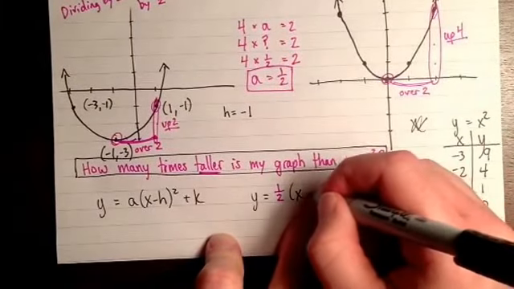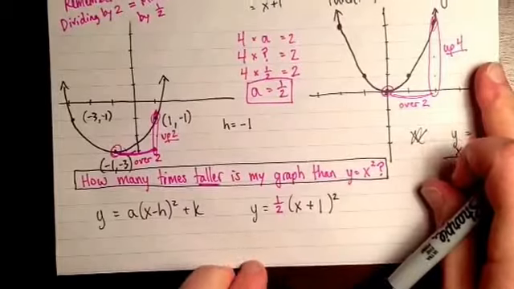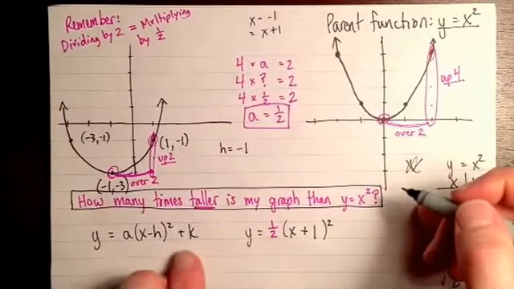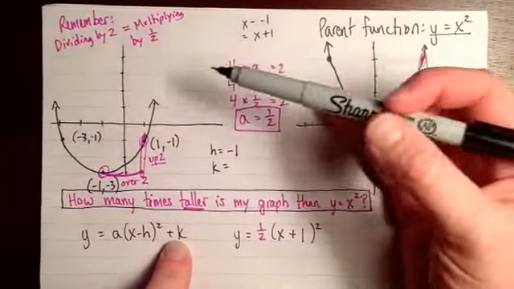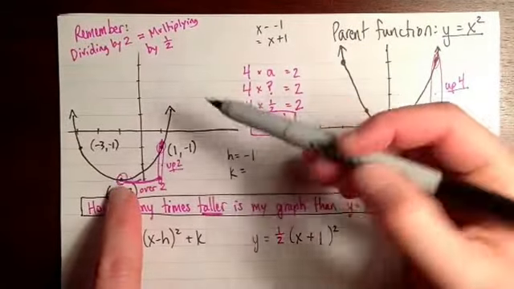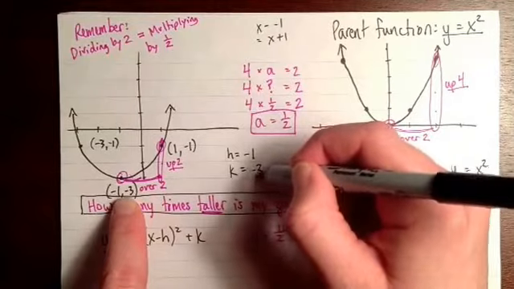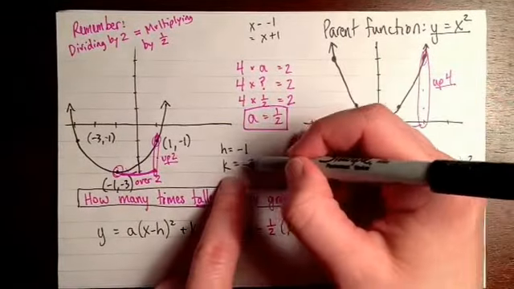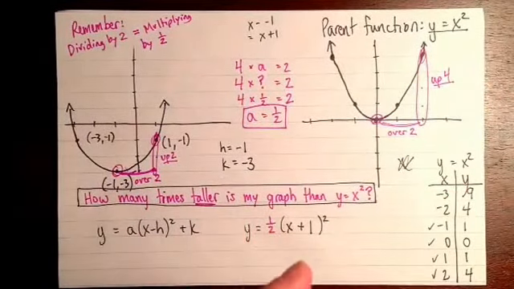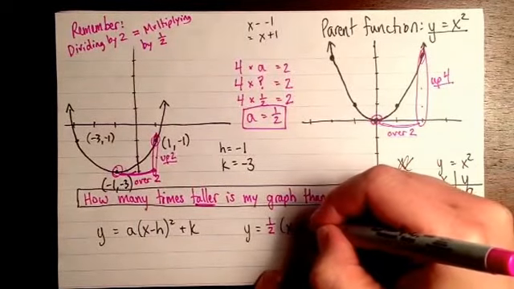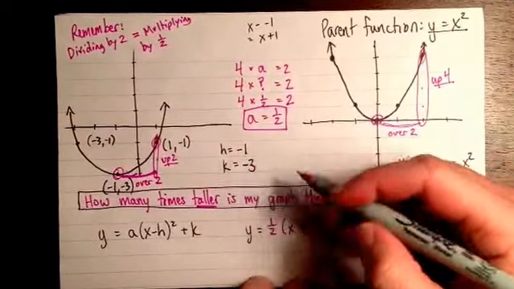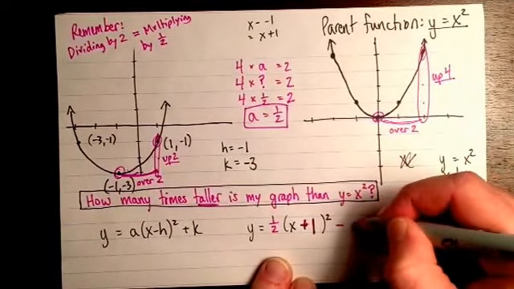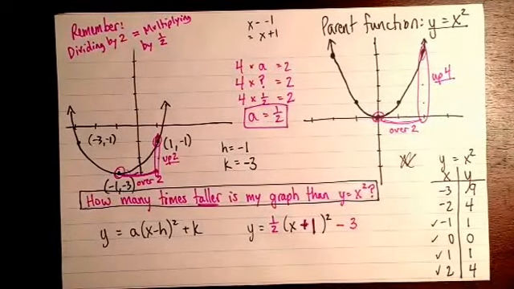So down here it'll be x plus 1. Right, and then I've got plus k. What's my k value? K is the y value of the vertex, which is -3 here. So k plus -3, which I will write as k subtract 3.